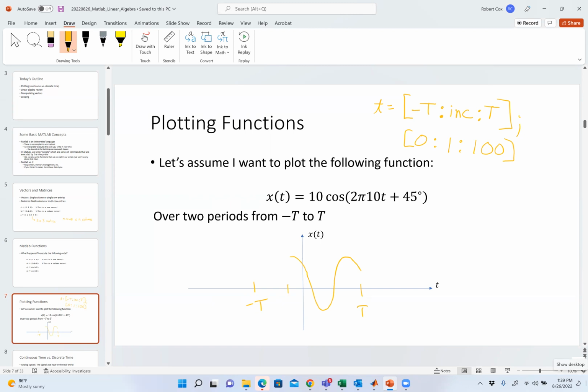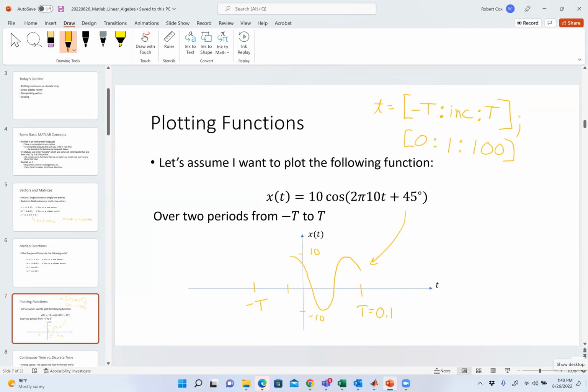So this is what this function should look like with an amplitude. What would its amplitude be? 10. So we go from 10 to minus 10. And if I put a number in for capital T, the period, what would that number be? 1/10, so 0.1 seconds.